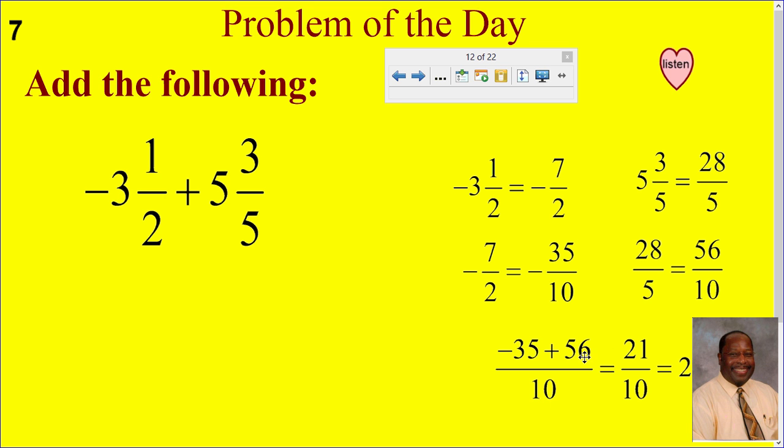Well, 56 is a bigger digit than 35, so I'm going to pick the digit sign of the 56, which is positive. And so I get 21 over 10, which is my fractional answer, and I can divide 21 by 10, which gives me 2, remainder 1, or 2 and 1/10. So I hope you got that as your answer. That was a tough one.